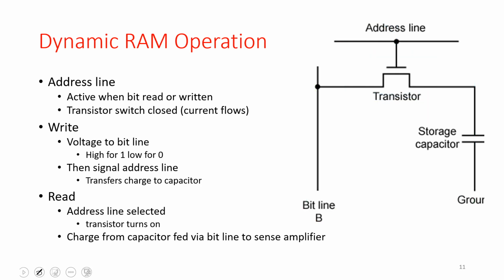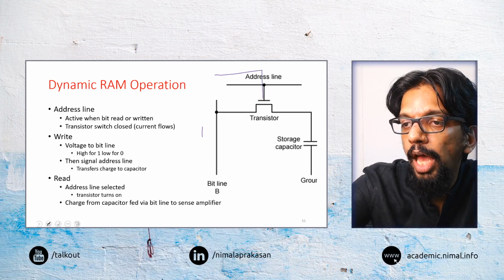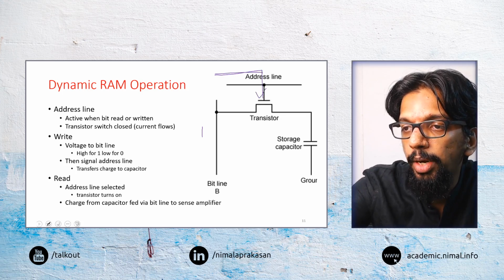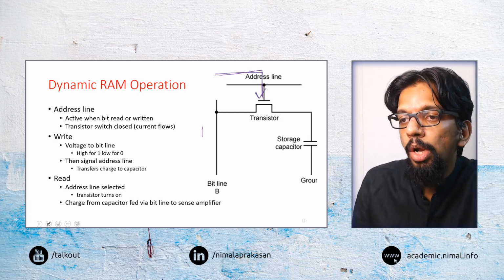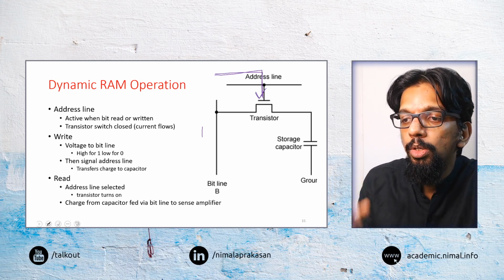So if we think about the case of writing a value, say we have a value of 1 in the bit line and we want to write it to the capacitor. We would start from the address line and select this particular transistor, the one where we want to write this particular bit value.